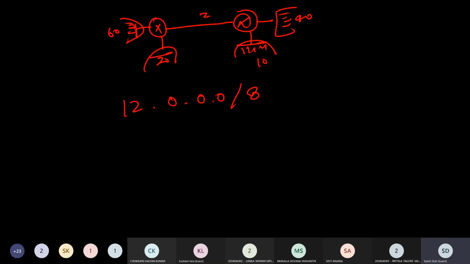Question number two: tell me the subnet ID and its respective network ID, broadcast ID, and the first user and last user. That's it.